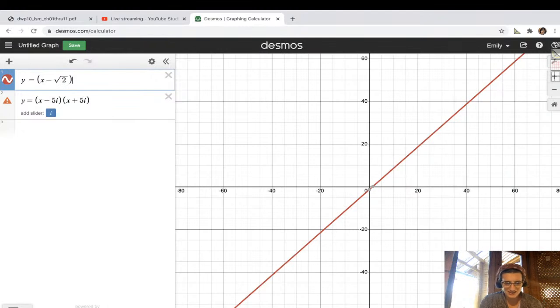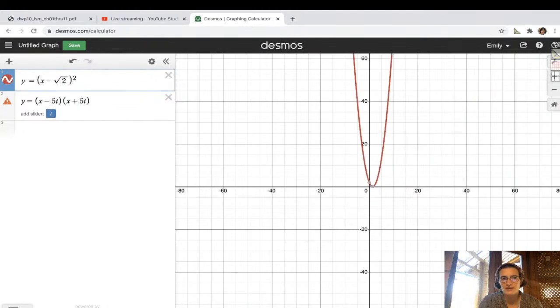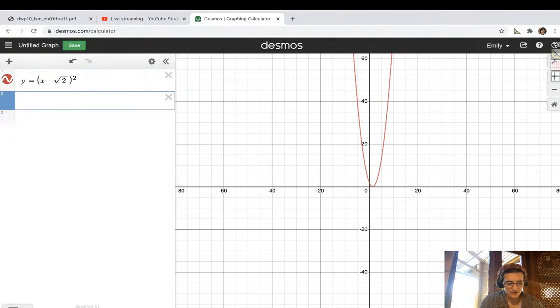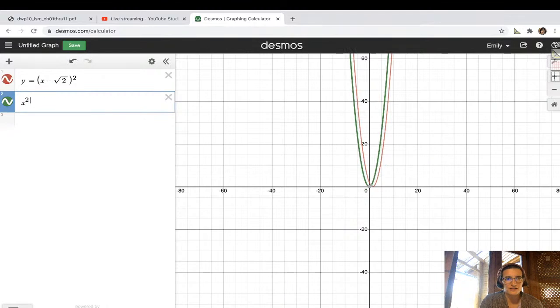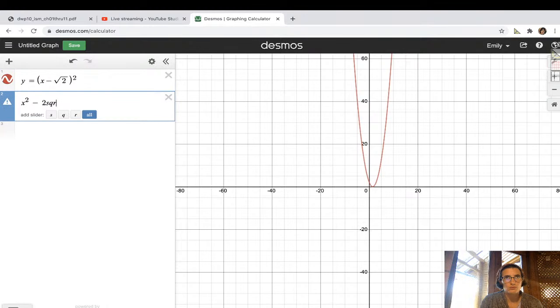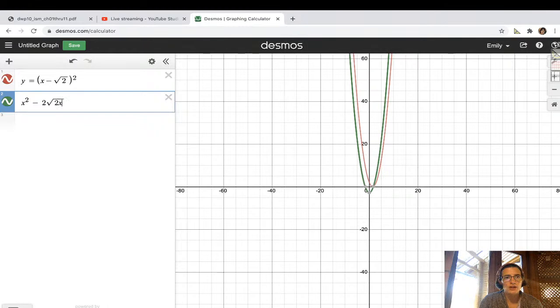And if I square that, it's going to be kind of funny, because if I multiply this out, I'm going to have x squared minus 2 square root 2 x plus, negative square root 2 times negative square root 2 is going to be plus 2. This x actually needs to be outside of here. And then we get the exact same function.